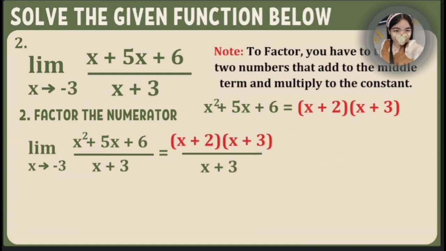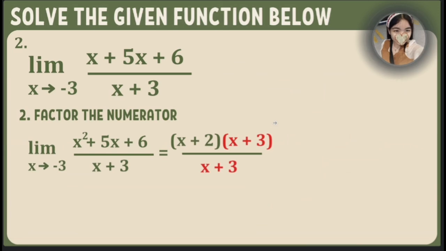To factor, you have to think of two numbers that add to the middle term and multiply to the constant. Moving on, we can see here that these two are the same expression, x plus 3 on the numerator and x plus 3 on the denominator. Therefore, we can cancel this, leaving us with x plus 2.